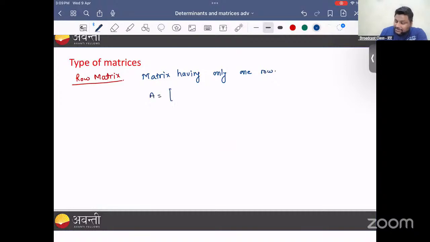Like A11, A12, A13 and so on, A1n. So the order is 1 into n. Having only one row, but 1, 2, 3, 4, up to n columns. Sometimes we also call it a row vector.